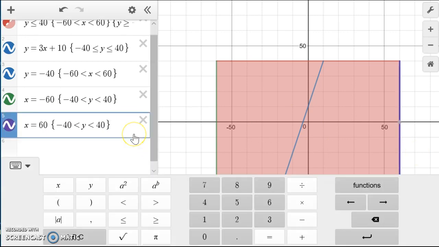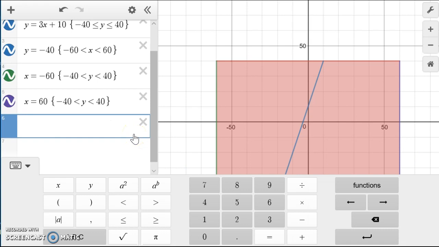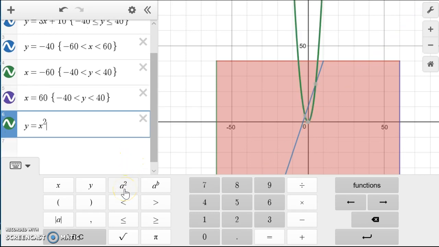You can also experiment with other equations so that you can draw other shapes and curves as well. One person did y equals xx, and you can see that a parabola is drawn. y equals xx is actually the same as y equals x squared.